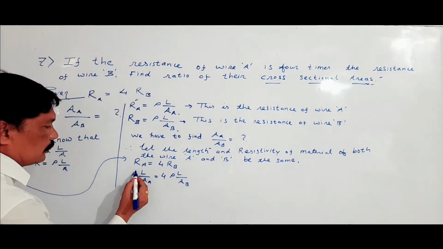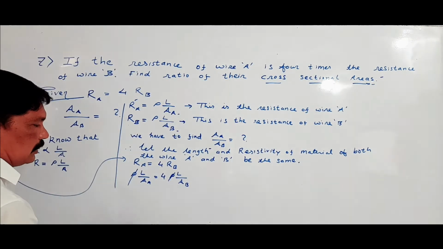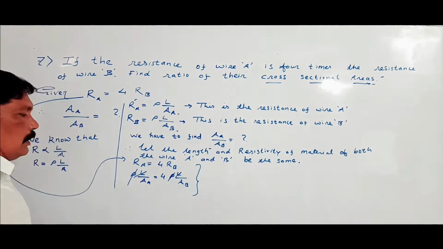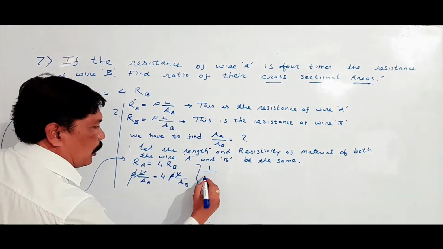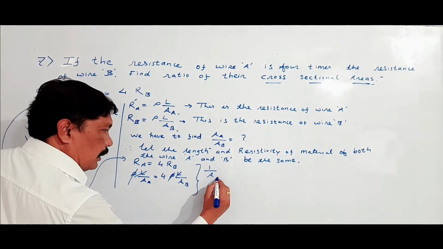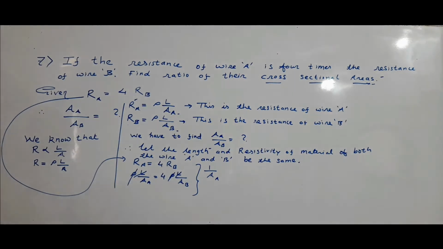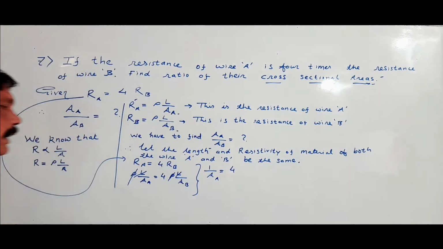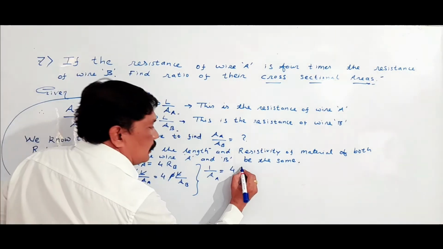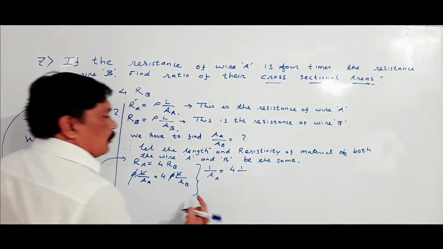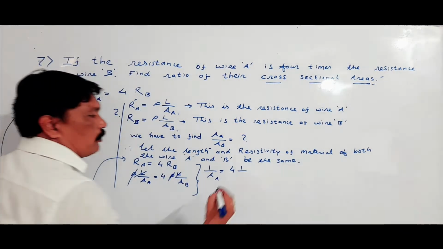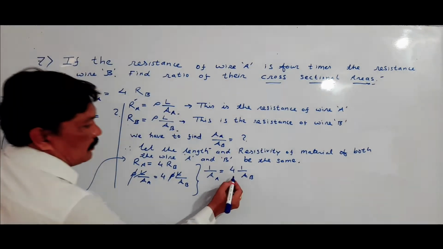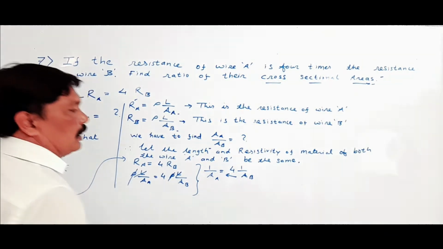So what we can do? We'll cut the constant, we'll cut the length. Now we got 1 upon area of cross section of wire A is equal to 4 times one upon area of cross section of wire B. We'll take this A_B to the other side of the equation.